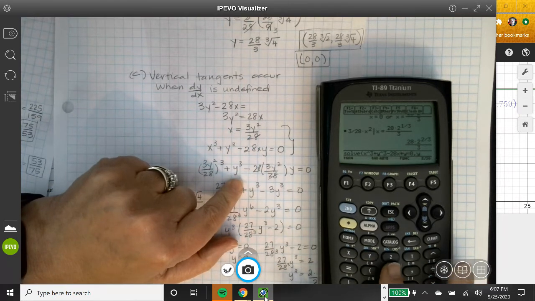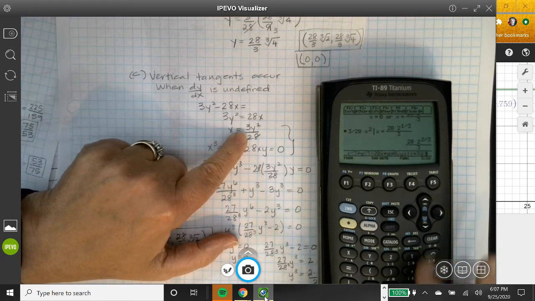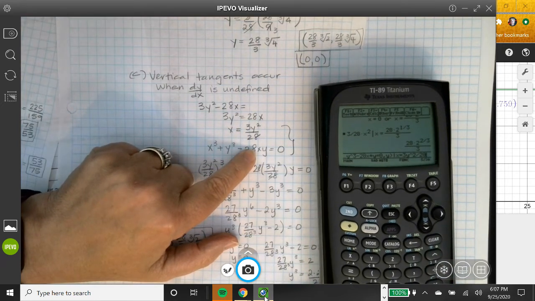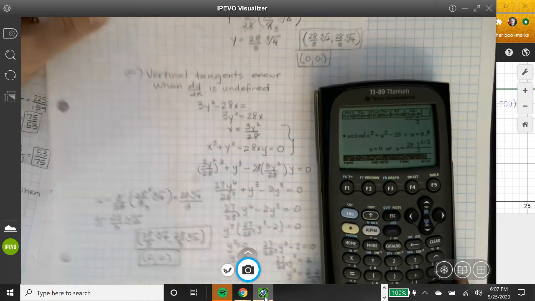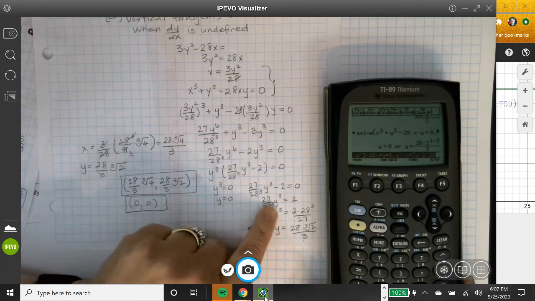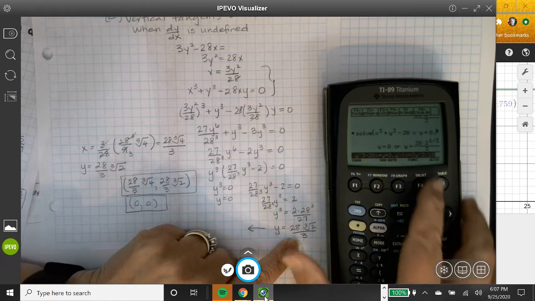So I'm going to put a y here, close, such that x equals 3y to the second, I promised to type the 2 this time, divided by 28. Here we go. And we got y equals 0, which is what we got after we did all of our little calculation.